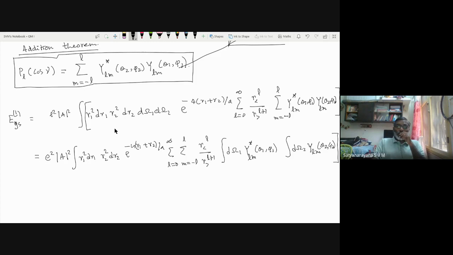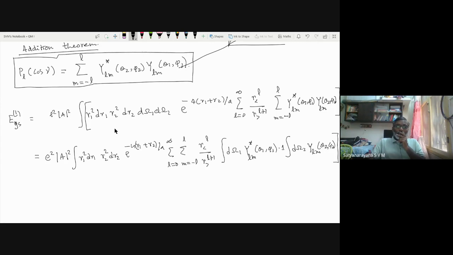Now this integral, if you want to calculate this one, this will be a big polynomial in theta 1 phi 1 etc., associated Legendre polynomial, and all that is very complicated. But then what you have to notice is that this is into some constant, right? So this is a constant here.